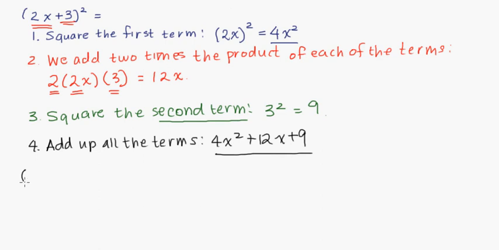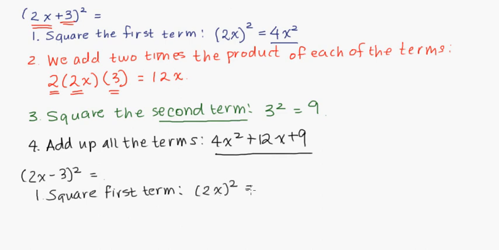So let's have 2x minus 3 squared. Okay, so first square the first term. So that is 2x squared, which is 2 times 2, which is 4, times x squared.